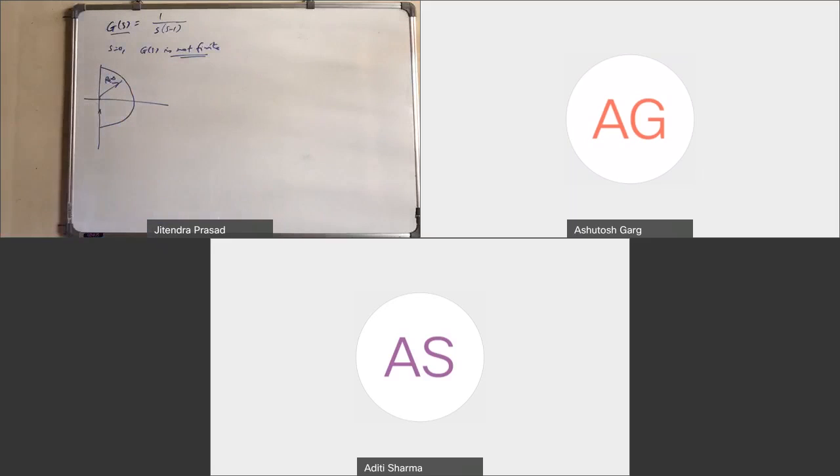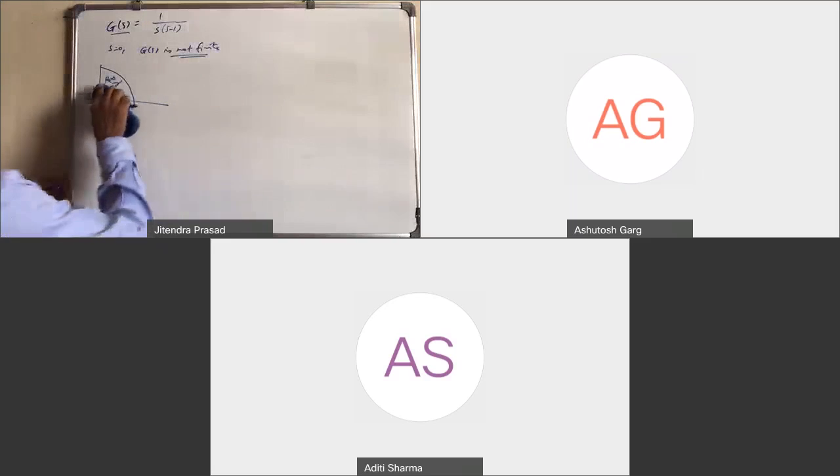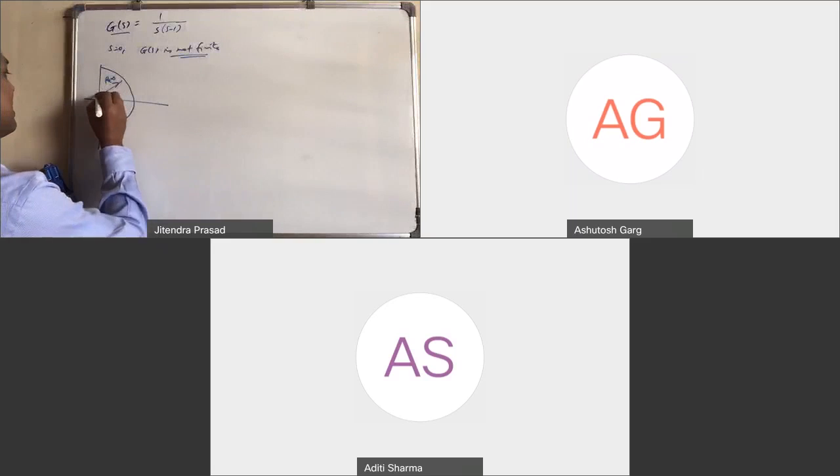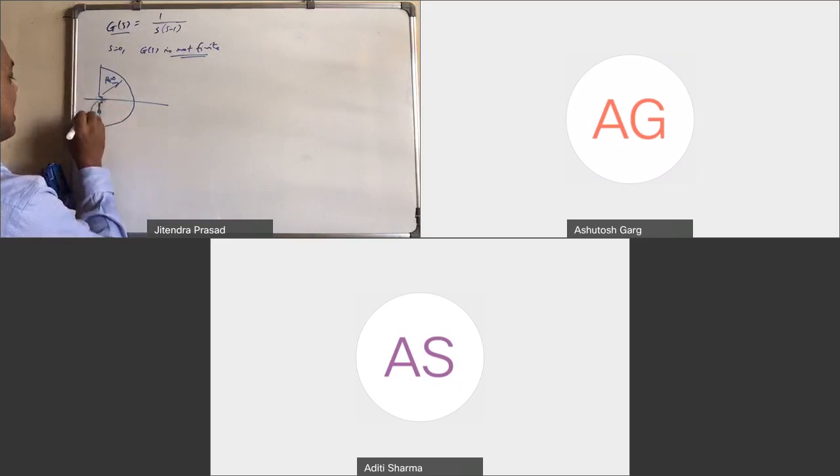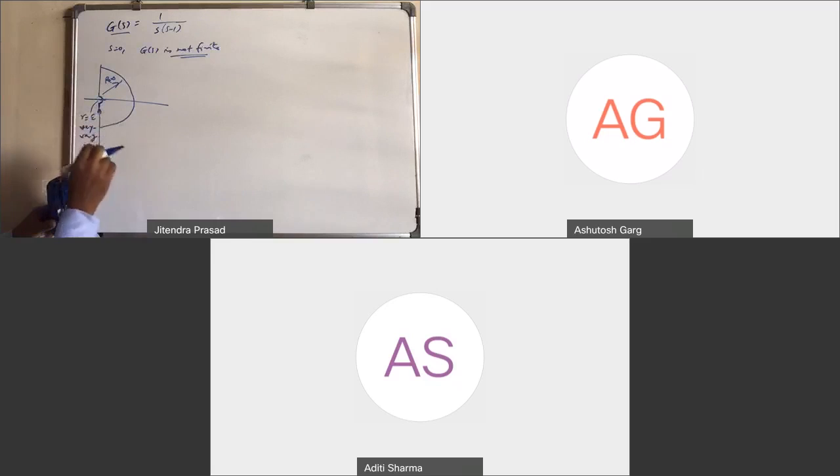Hence you have to make a small loop here, which is why it is given like that. I have told this in the lecture videos as well. So you will have a small radius here, R equal to epsilon, where epsilon is very small.